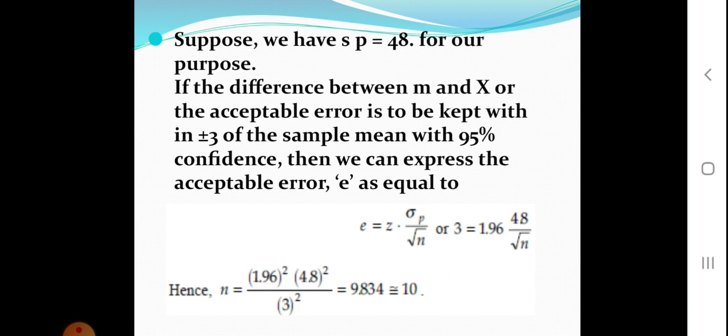Hence n equals 1.96 squared multiplied by 48 squared divided by 3 squared, then you will get 9.834. Approximately the sample size is 10.